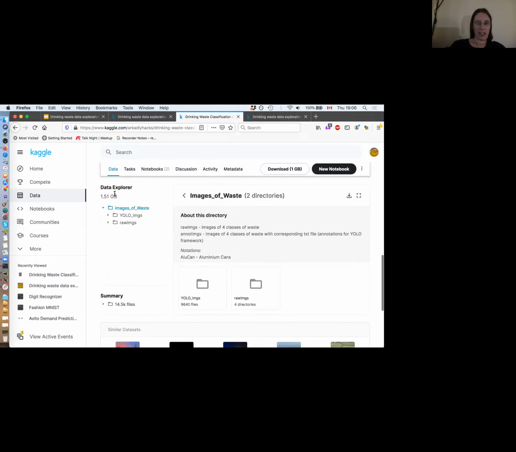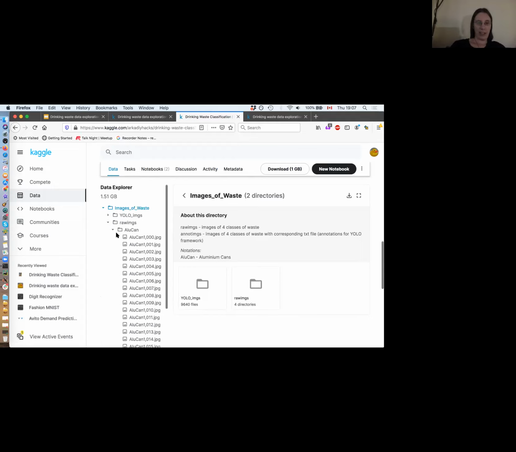They've got this little data explorer over here, and they've got 2 directories, YOLO images and raw images. So let's open up raw images. There's 4 folders: aluminum can, glass, HDPE, and PET. So there's 4 classes in this data set, and the images are basically just dropped into the folder with the label that they belong to.